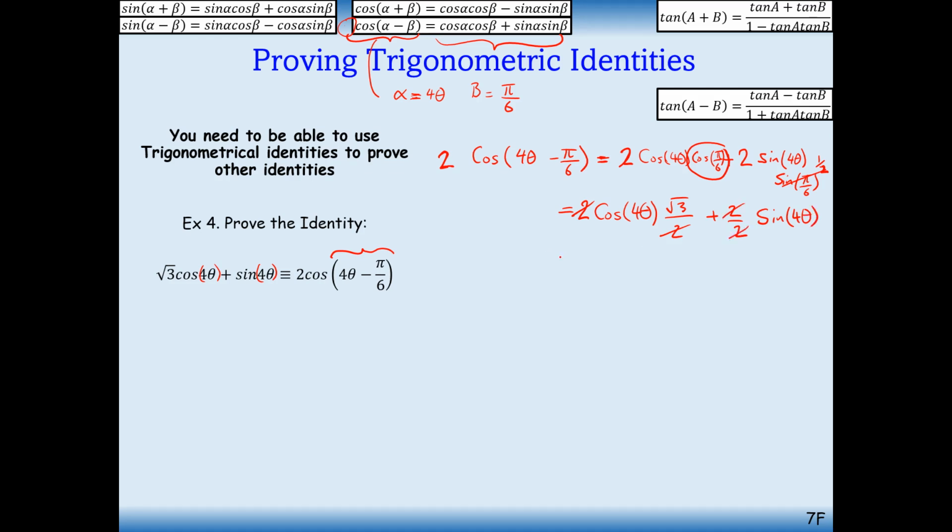So simply put, we will have root 3 times cos 4 theta. I'm looking at the final answer on the left hand side, and I can already spot that this is exactly the same as what the question asked us to prove.